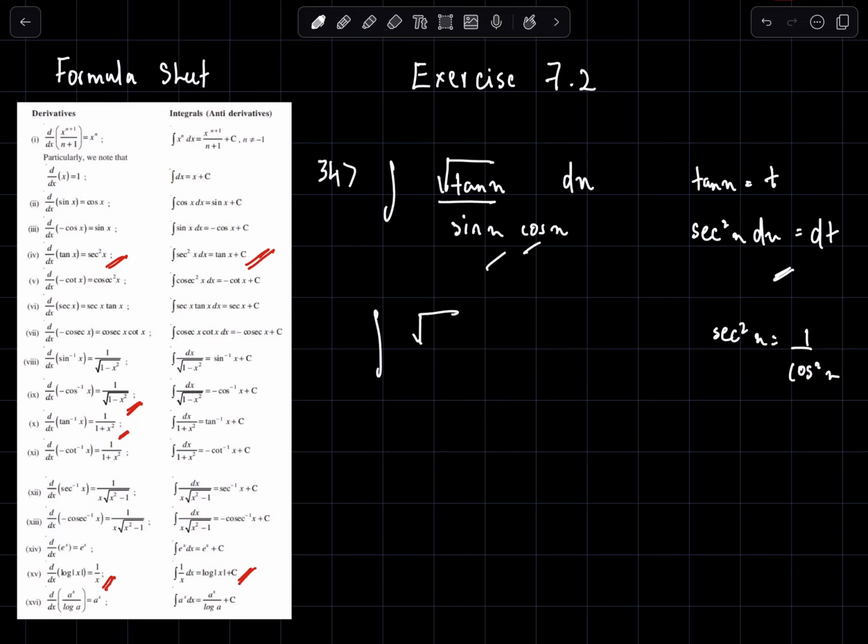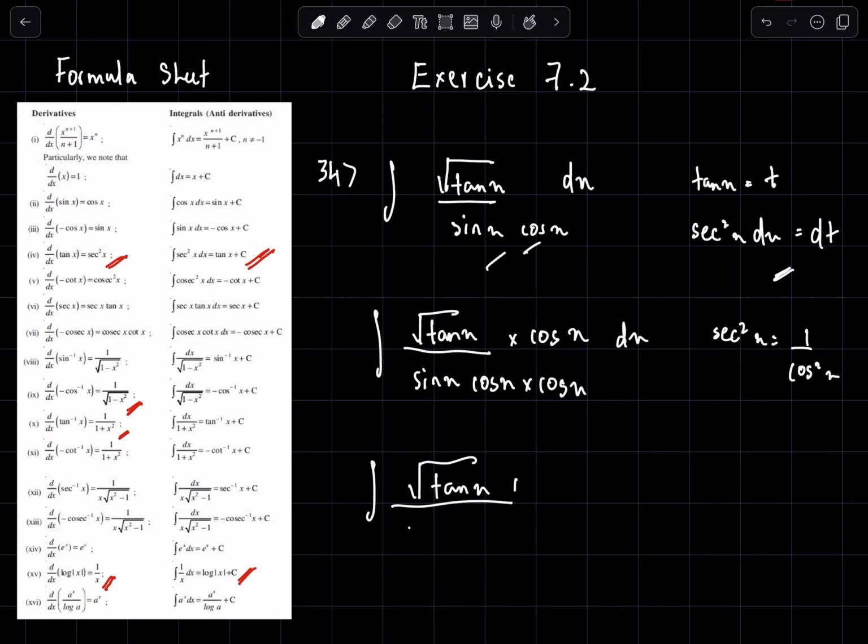So let's change it as root of tan x, sin x cos x times cos x, right? If I multiply in the denominator, I have to multiply in the numerator, correct? So now I have root of tan x, by the way this is dx, times cos x, divided by sin x times cos square x, right?